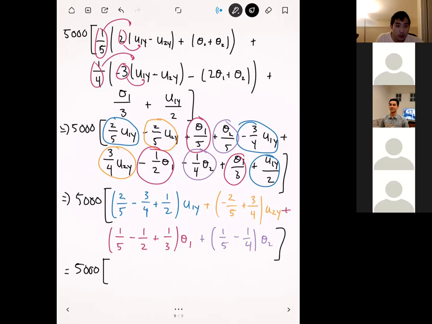And if we add up all these fractions, and you can just do this in a calculator, we're going to have 3 over 20 u1y, plus 7 over 20 u2y, plus 1 over 30 theta 1, and then minus, I have a typo in my notes, so let me just do it real quick, minus 1 over 20 theta 2.